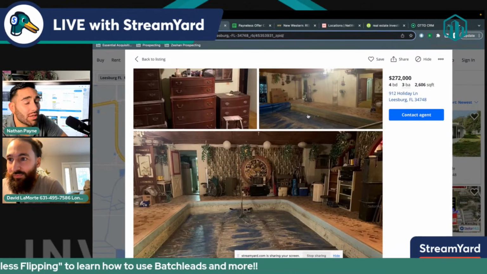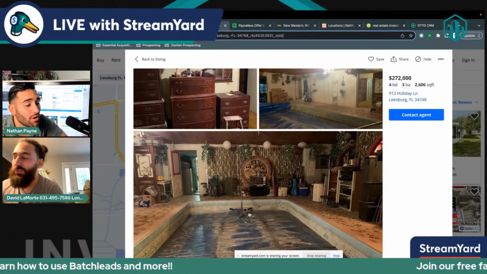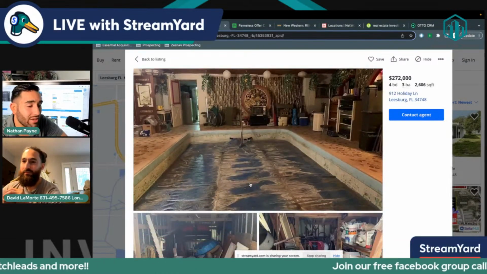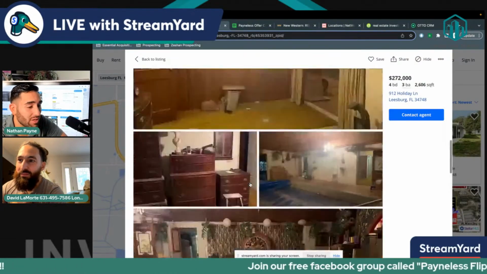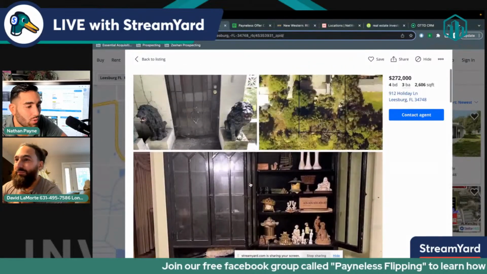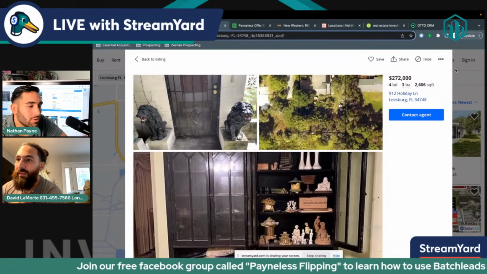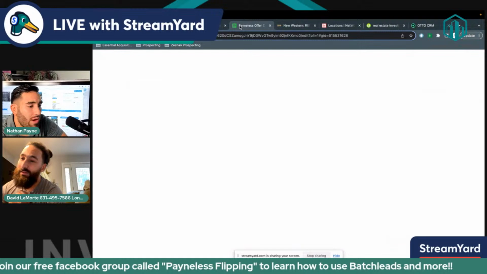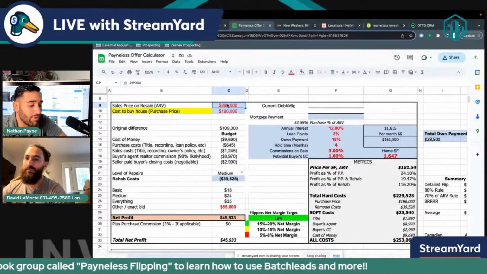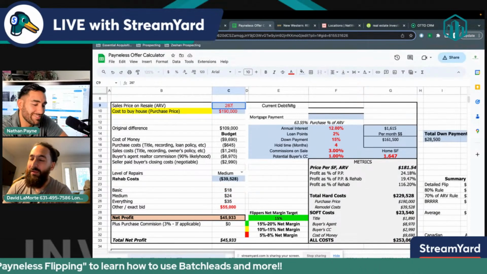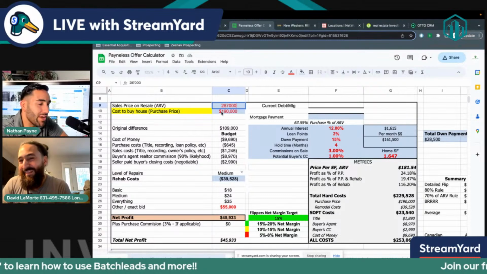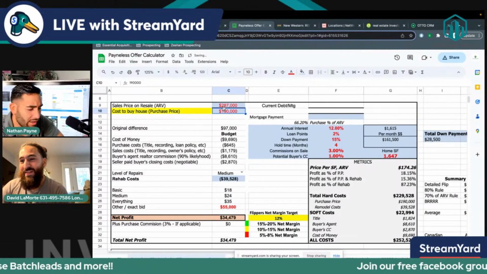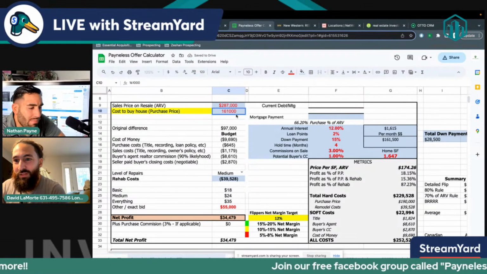I think the issue is pools are very expensive. Even to restore this to get it going is probably very expensive. That's probably a big reason why this thing has not sold. Oh yeah, that's tough. I don't even know how to throw in the rehab on a pool like that. An indoor pool? No, I haven't dealt with that one yet. So Nashty's got it for 161.